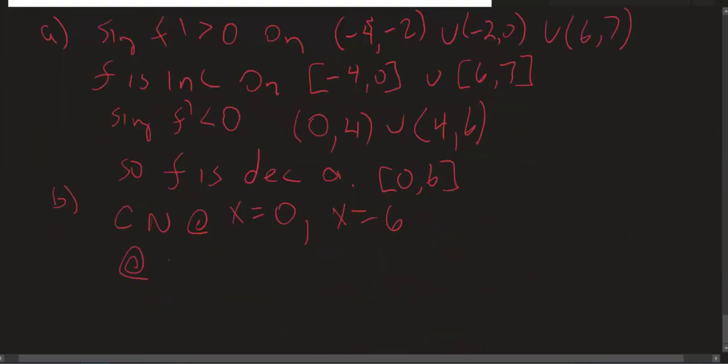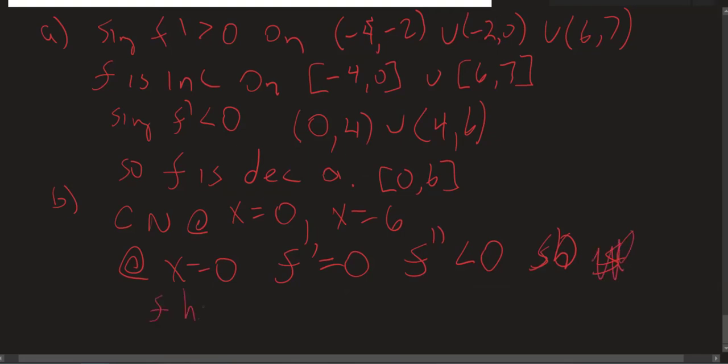So at x equals 0, f prime equals 0, f double prime is less than 0, so f has a relative max at x equals 0.